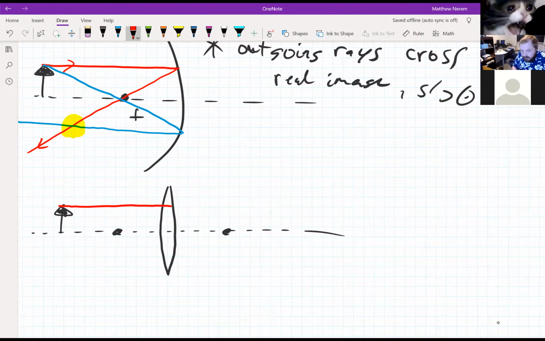I don't ask you guys to draw the rays. I feel like you didn't have enough time with the material to do that. But I am drawing the rays for you, so you have these pictures in your head.